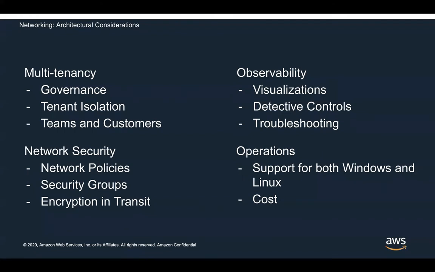And on the observability side, obviously we expect visualizations, we expect detective controls and troubleshooting, which hopefully Nico is going to show you visually how it is done with microservices when it comes to troubleshooting of networking issues, etc. And on the operations side, customers have a very heterogeneous landscape of what kind of workloads they want to run, and some of our customers are running Windows workloads quite a bit, along with Linux workloads.